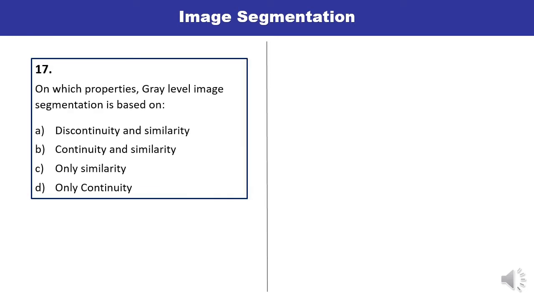Question number 17 is, on which properties is gray level image segmentation based on? Gray level image segmentation is based on discontinuity and similarity. Remember it. A is the correct answer.